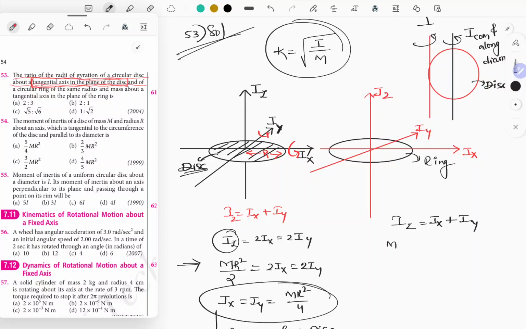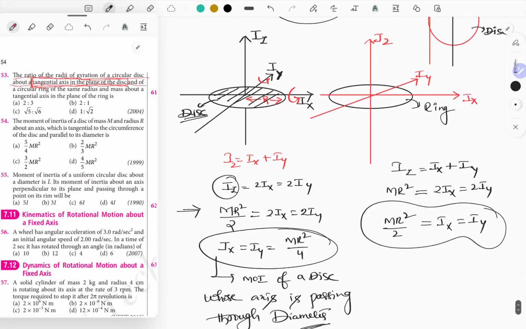Iz is mr square, the moment of inertia of the ring whose axis passes through the center of mass and perpendicular to the plane. So mr square is equal to 2 times Ix, which is equal to 2 times Iy. From this, mr square by 2 is equal to Ix, which is equal to Iy.